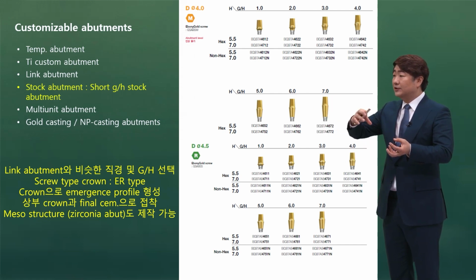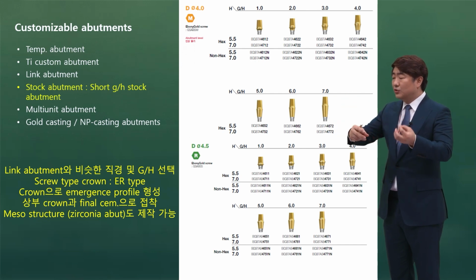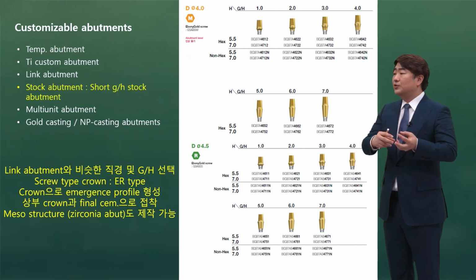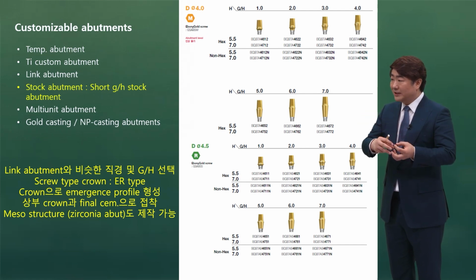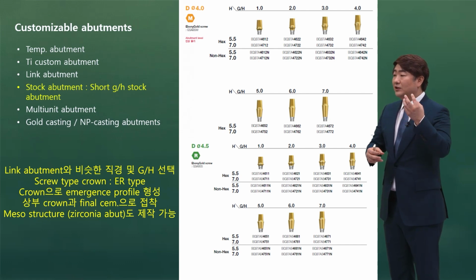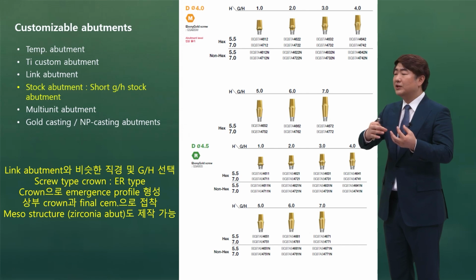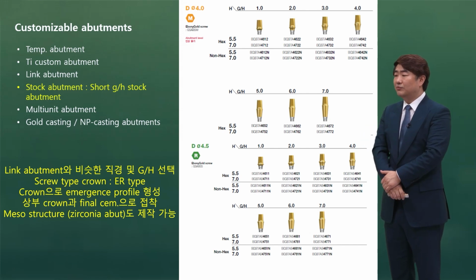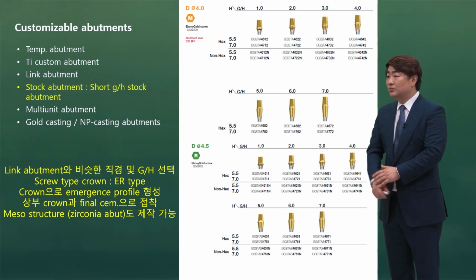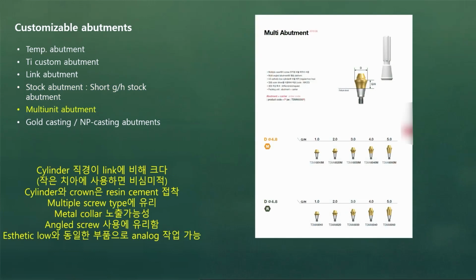On top of that, the crown, including running room, is designed and put on the stock abutment, and then like link abutment, of course you have to use final cement. Then the screw type temporary can be used as if it's link abutment, and theoretically on top of stock abutment you can create a mesostructure, but mostly we don't really do that. But in temporary it's actually very much possible.